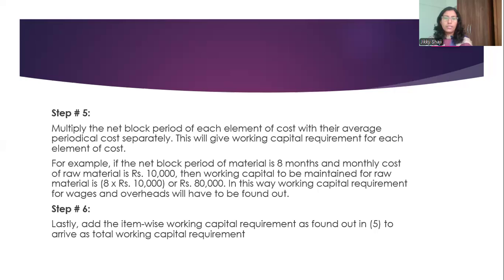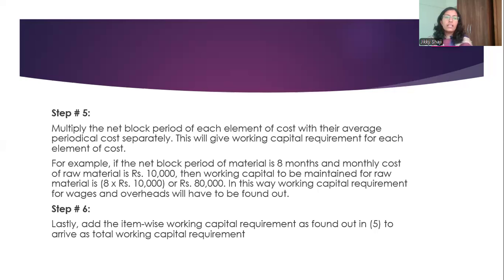We can take an example, continuing the previous one. If the net block period of material is 8 months, we have already seen that, and monthly cost of raw material is 10,000, the total working capital for material alone will be 8 into 10,000, that is 80,000. In this way, working capital for wages and overheads has to be separately found out and to be tallied off.